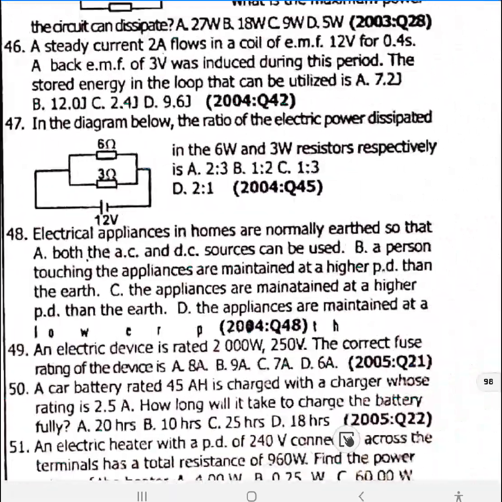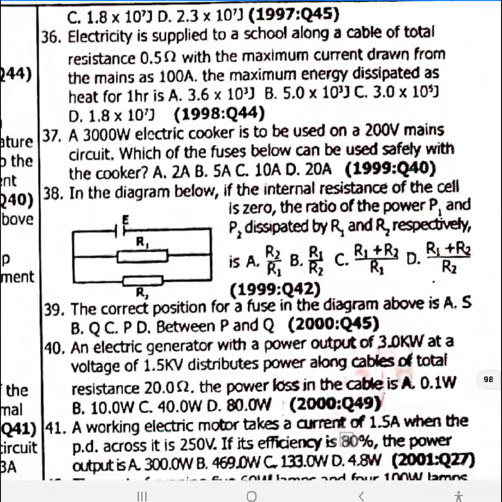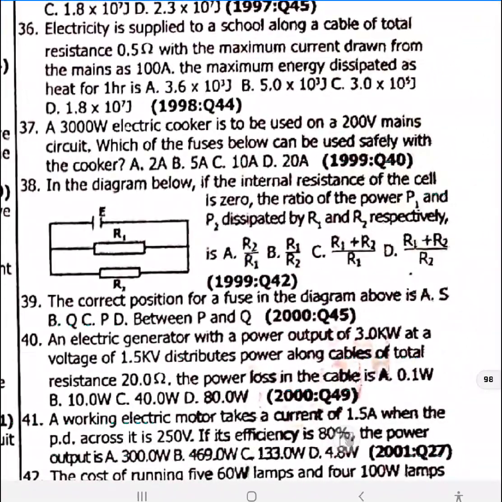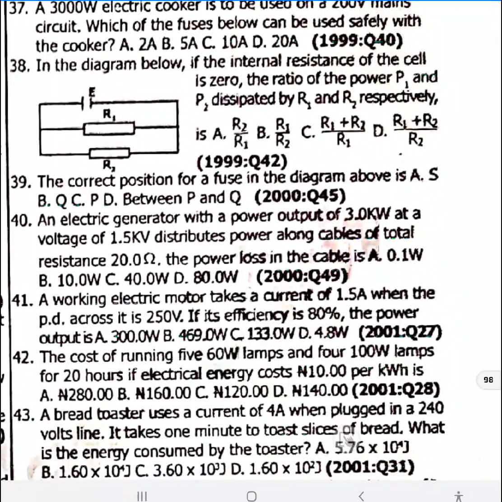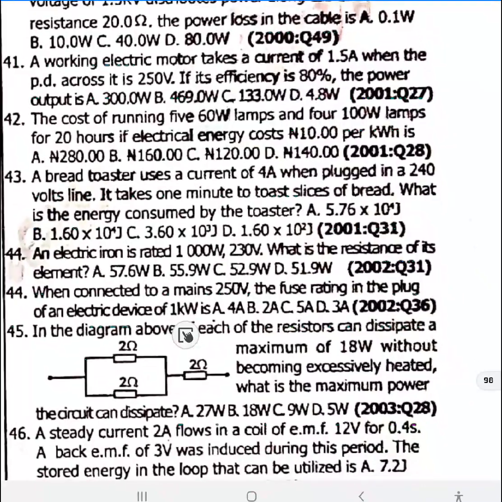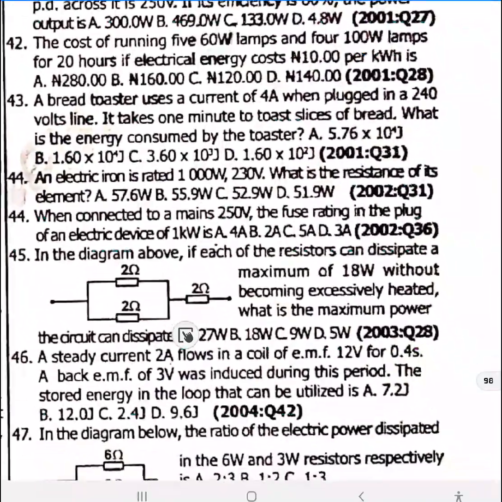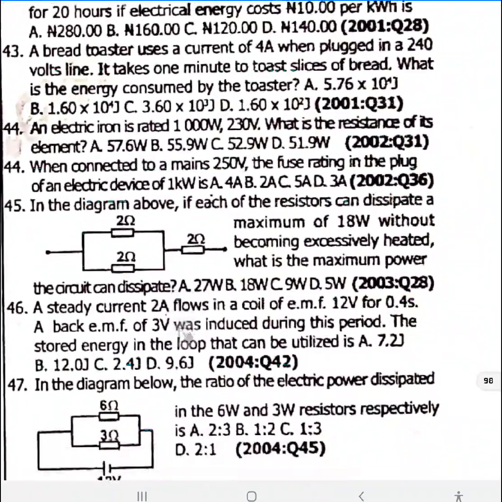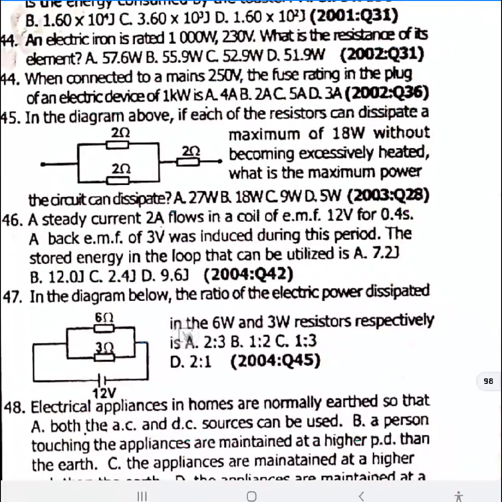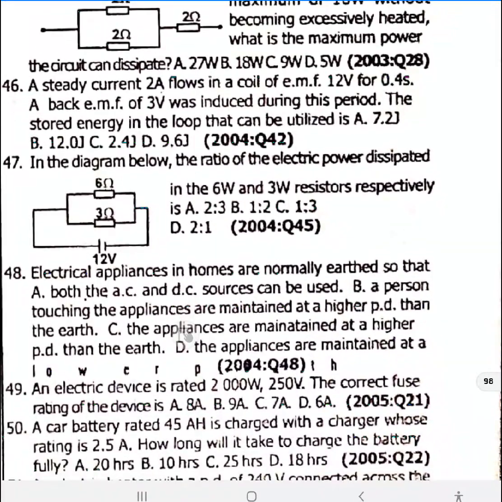All these have to do with calculations. 39. The diagram unfortunately wasn't given here. Calculations.